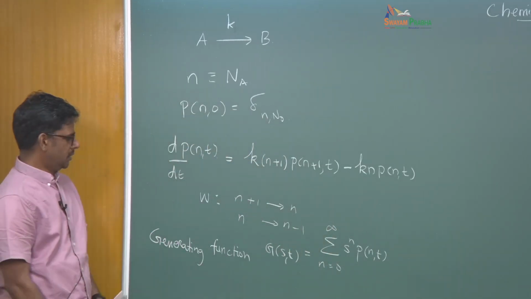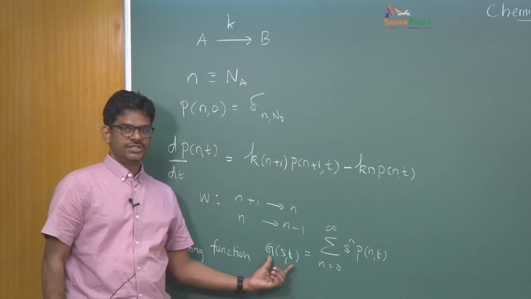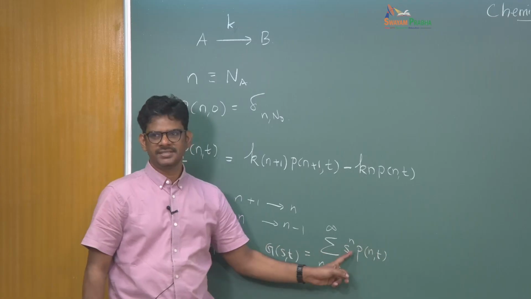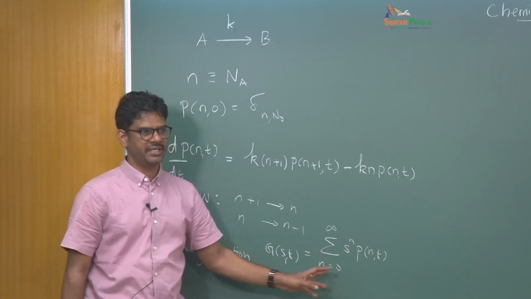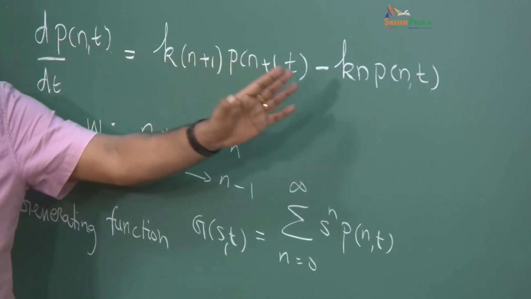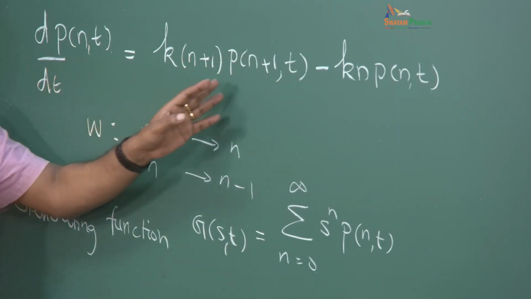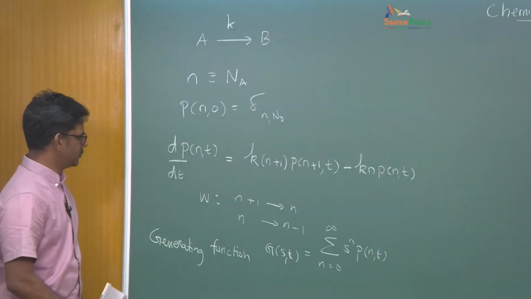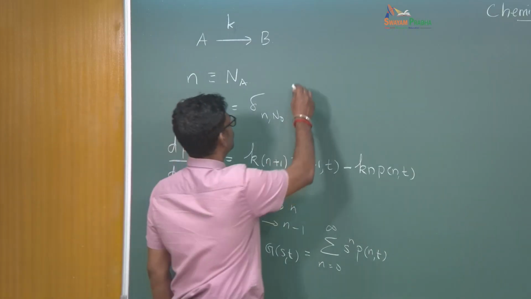We define the generating function G as a sum over s to the n times Pn of n comma t. s is a new variable we are introducing. By this definition, what we are hoping is to convert this function, which is written in terms of n, into something in terms of s.